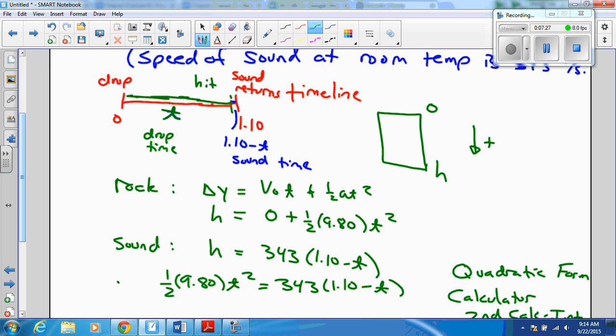I know that's not really true, but it's going to give me an approximate answer. And then, based on that approximate height, I'm going to come back and figure out how long the sound really took, and then I can subtract that off and recalculate my height. That's the way physicists will do it.